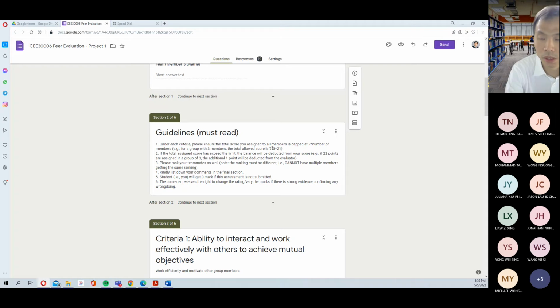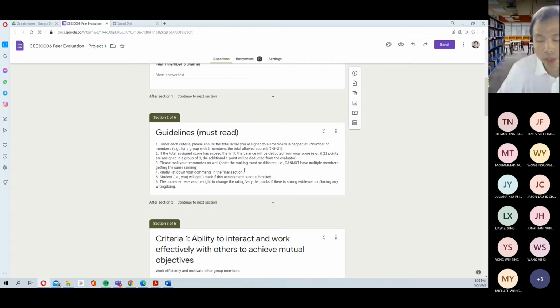So this is very important, because if you and your group mates are performing equally well and everybody cooperates with each other well, then most likely everybody will get a normalized factor of 1.